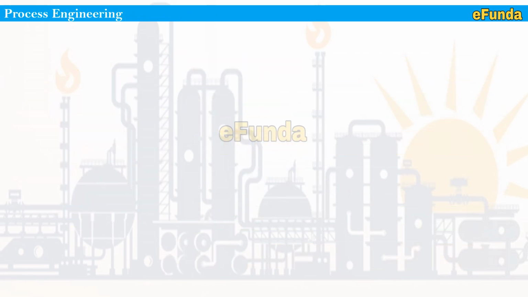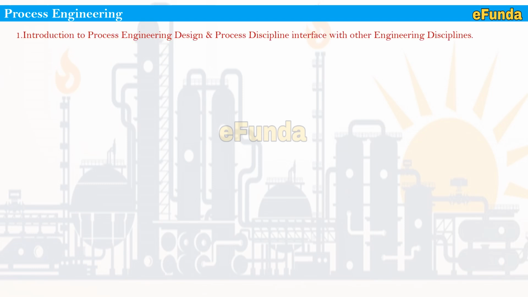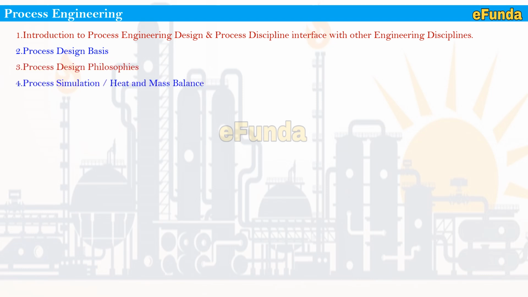The activities involved as part of the process department are: one, introduction to process engineering design and process discipline interface with other disciplines. Second, process design basis. Third, process design philosophies. Fourth, process simulation, heat and mass balance.